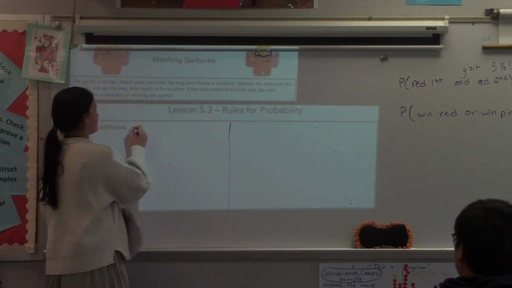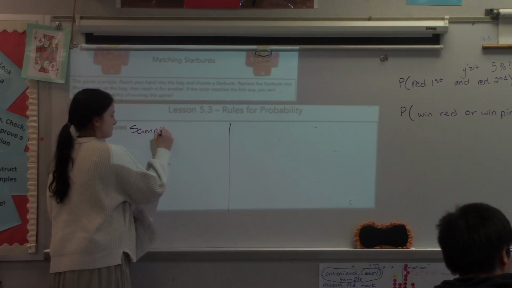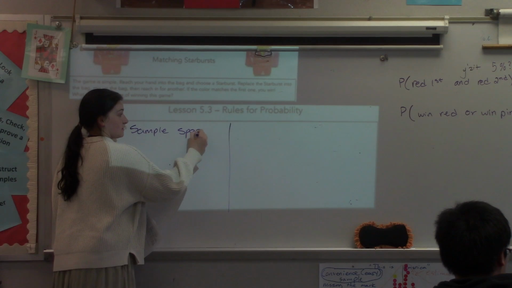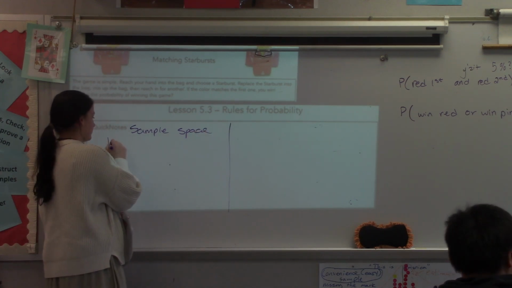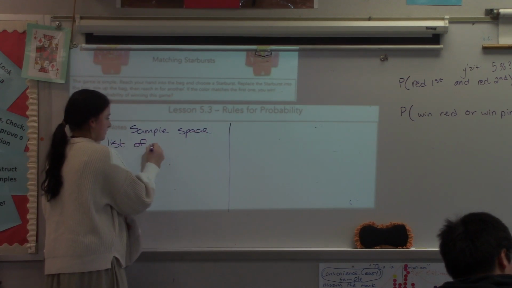All right. So what is the sample space? All the possible outcomes. A list of all possible outcomes.